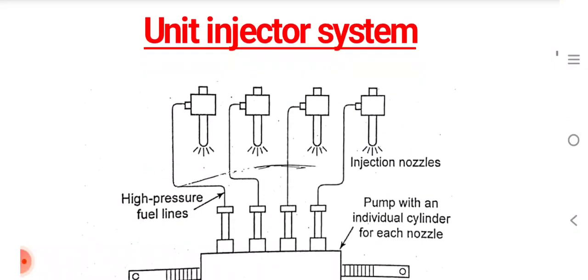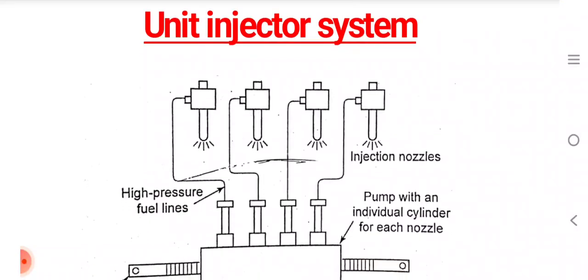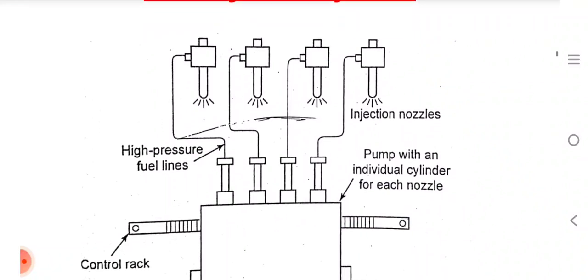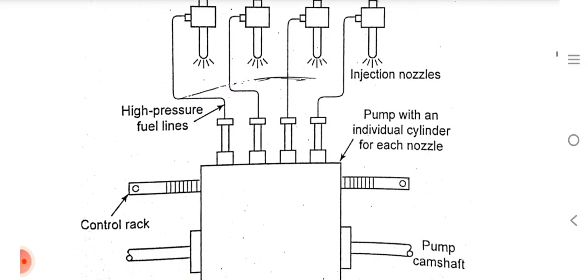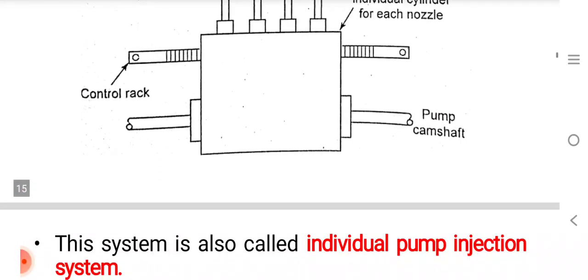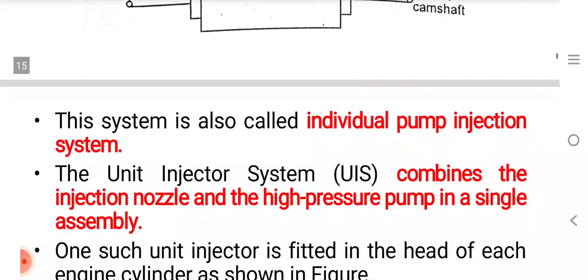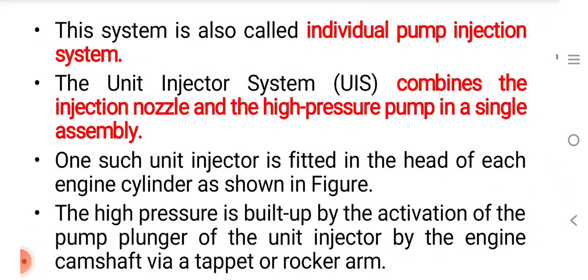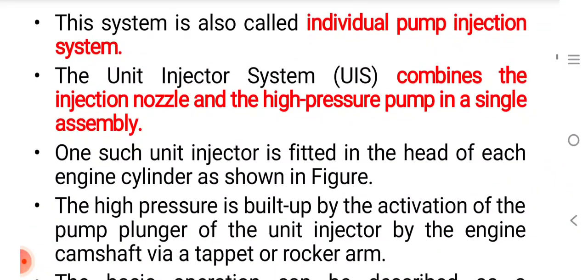This is a schematic arrangement for the unit injector system. The system is also called the individual pump injection system. The unit injector system combines the injection nozzle and the high pressure pump in a single assembly.